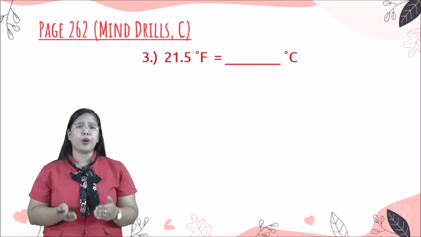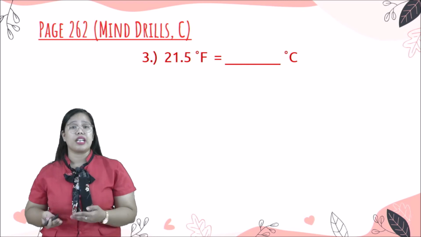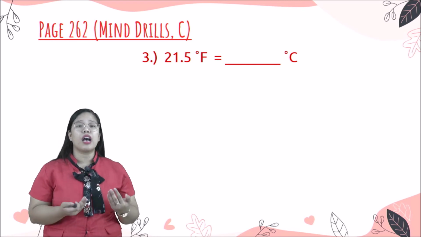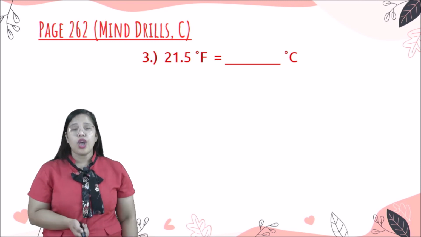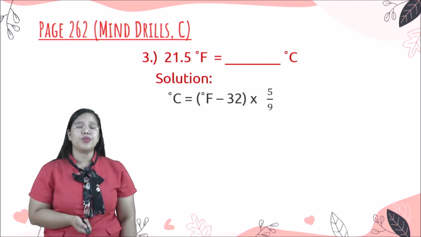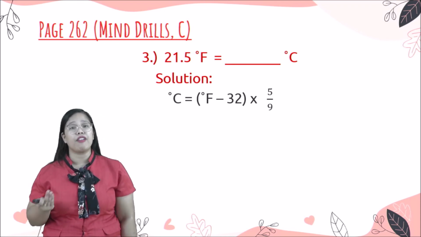For number 3, we have 21.5 degrees Fahrenheit equals blank degrees Celsius. So now we are converting degrees Fahrenheit to degrees Celsius. Our formula to be used will be degrees Celsius equals degrees Fahrenheit minus 32 times 5/9.